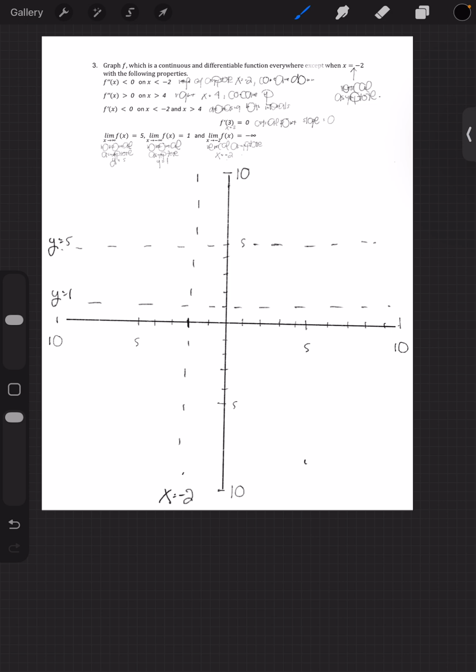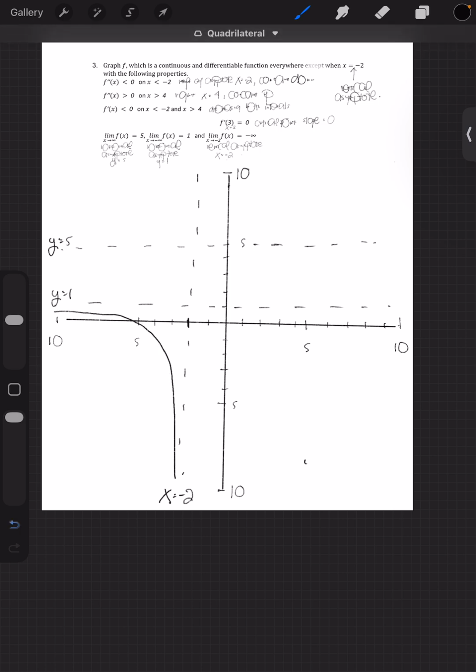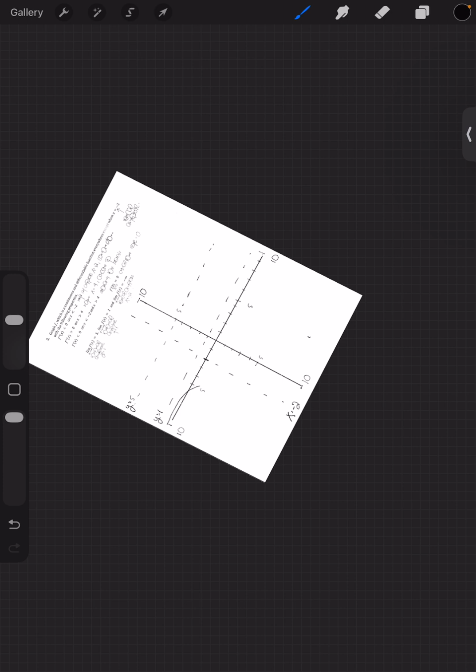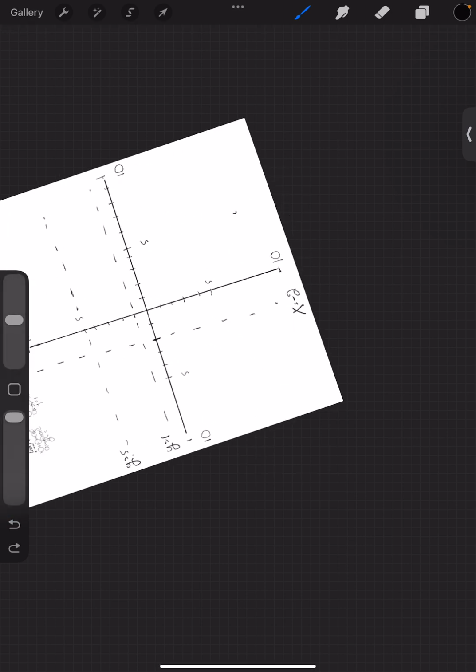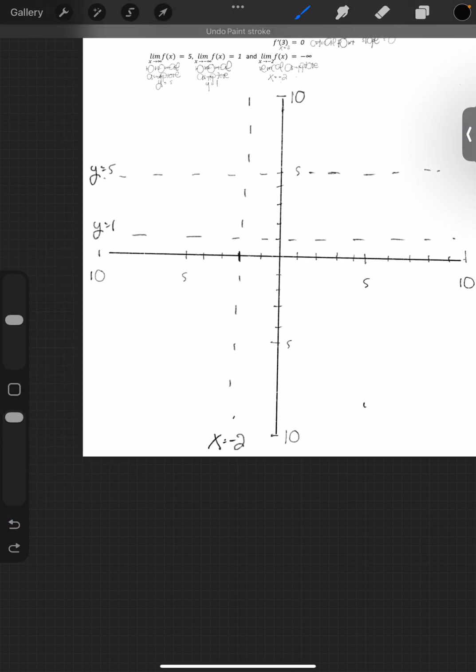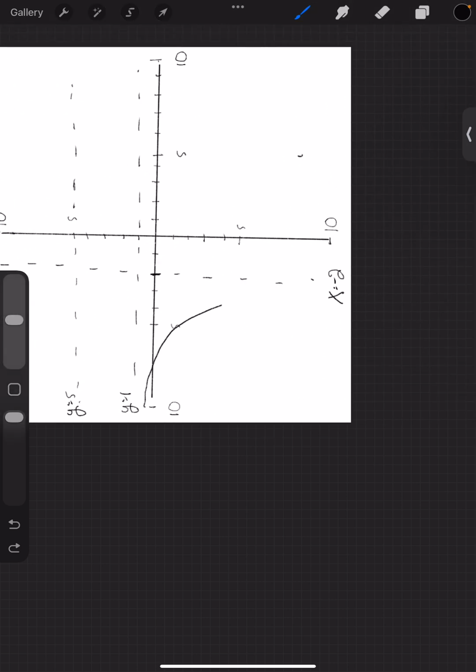We know that to the left of the asymptote x equal to -2, it will concave down. So that is going to look like this.